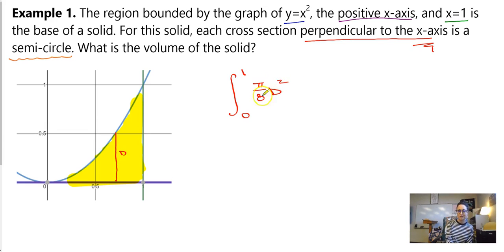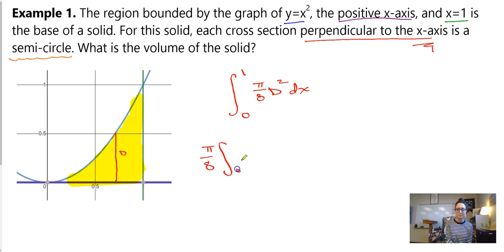Then each little semicircle has a teeny tiny depth, and I'm going to denote that with my dx. Take a look at how many dimensions here: you've got 2 from squaring the diameter, and then that dx, that's 3 dimensions, which is what we need for volume. All right, so I'm going to bring that pi over 8 out.